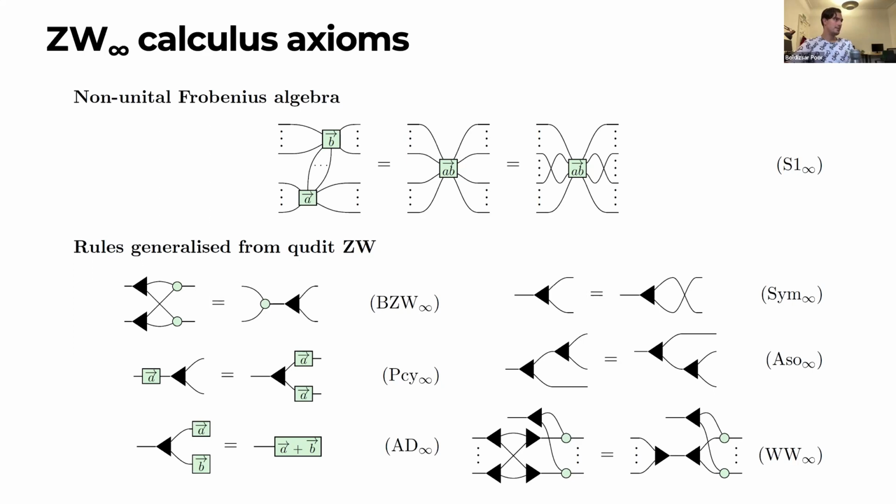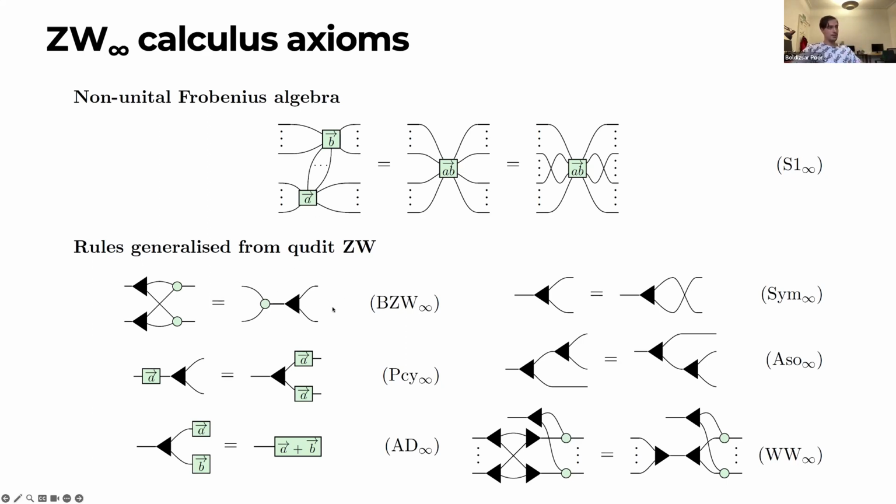And the infinite ZW calculus has some axioms just as well. They are, in a sense, again a generalization of the qudit ZXW calculus. So here we have, for example, the usual fusion of Z spiders.